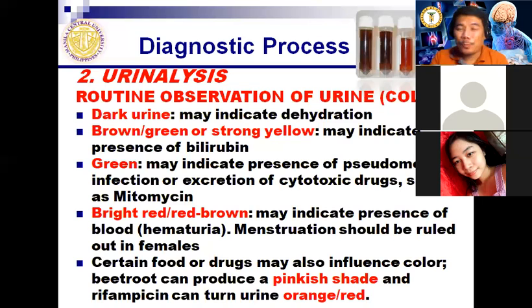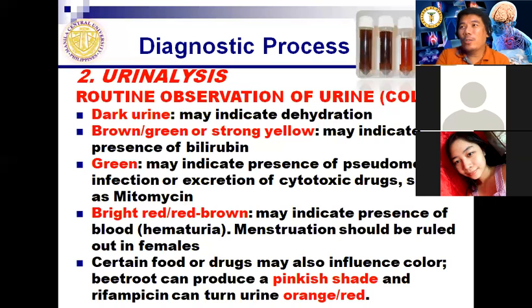So next, there are certain drugs and food that may cause discoloration of the urine as an observation. One of which that influences the color is the beetroot. Okay, the beetroot is more common in Canada, if I'm not mistaken. It's a root crop, purple color, that causes a pinkish shade in the urine.